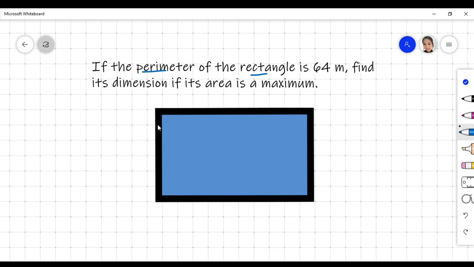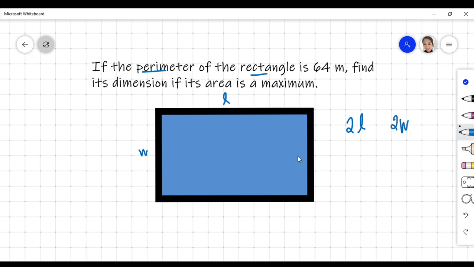So, we have 4 sides. So, 1, 2, 3, 4. Yung shape natin is rectangle. It has the dimensions which are the length at saka width. Okay? So, since opposite sides ng ating rectangle are equal, meron tayong dalawang length sides, kaya siya 2L, at saka dalawang width na sides.